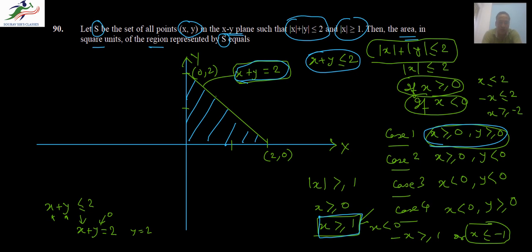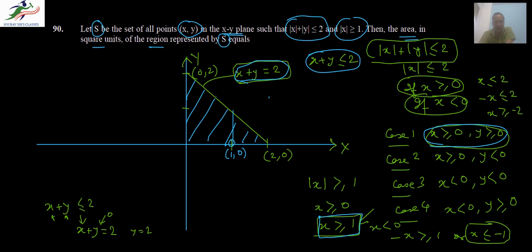X equal to 1 is a straight line which is parallel to the y-axis and touches the x-axis at the point 1, 0.